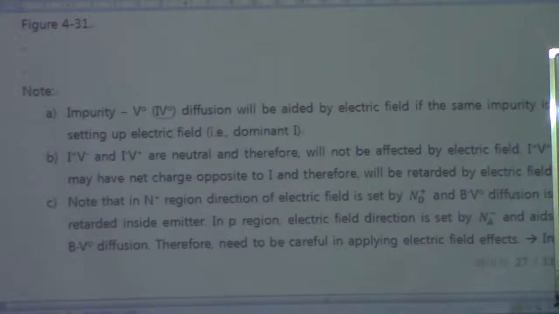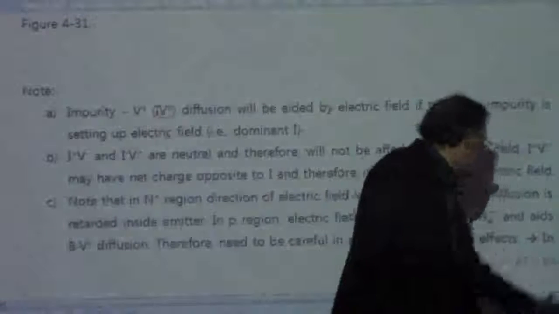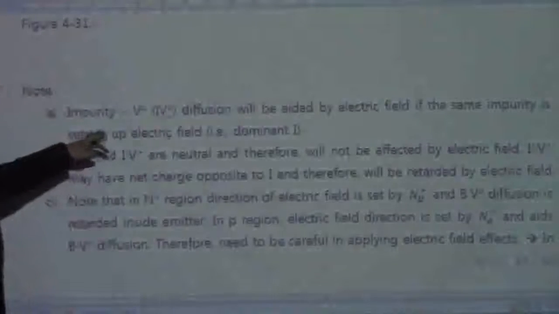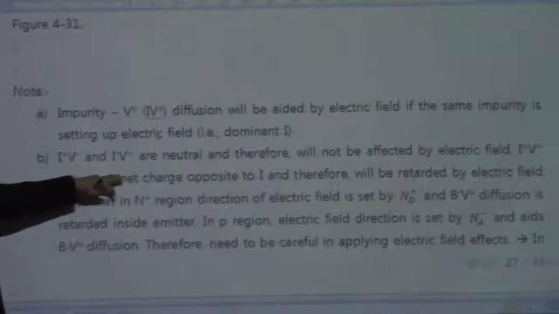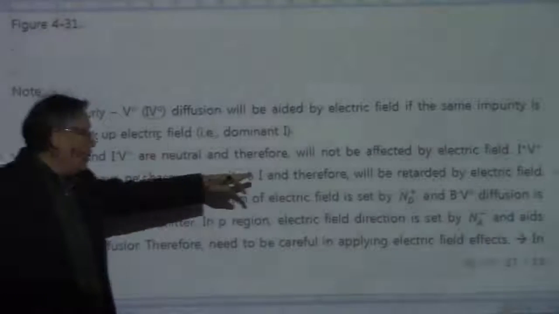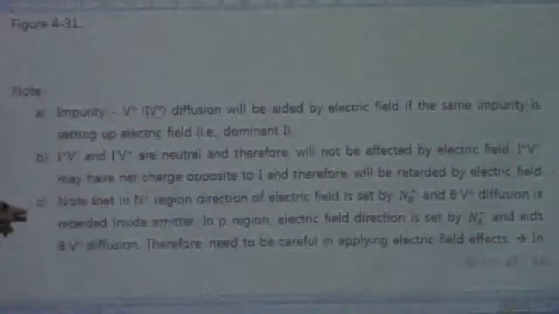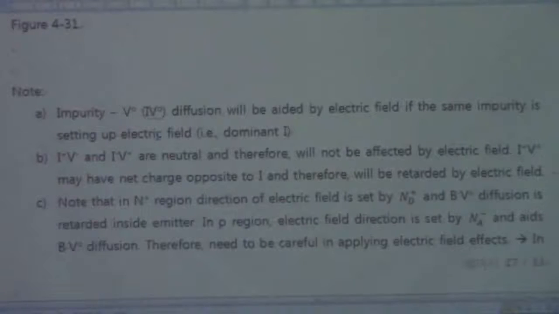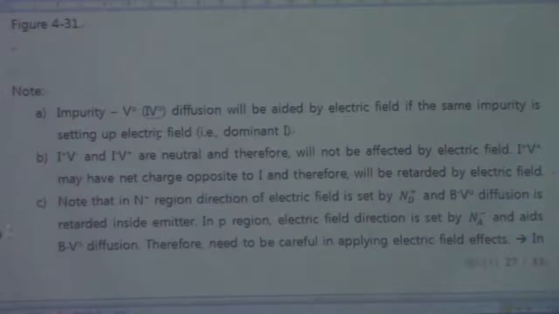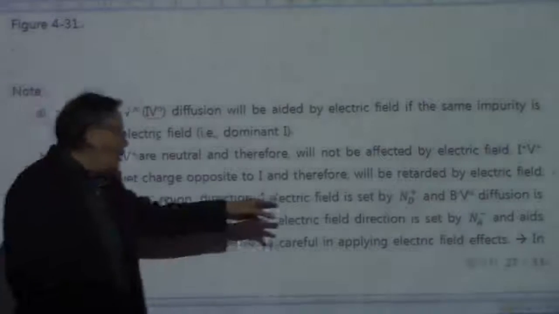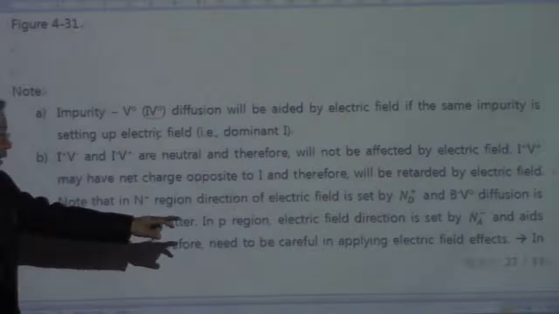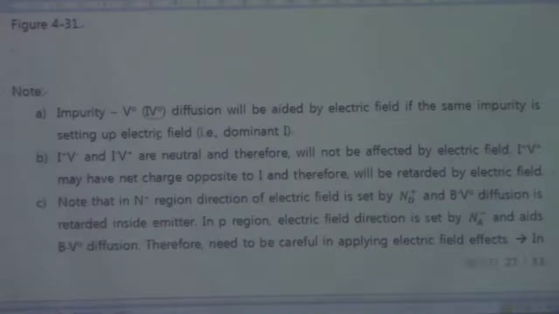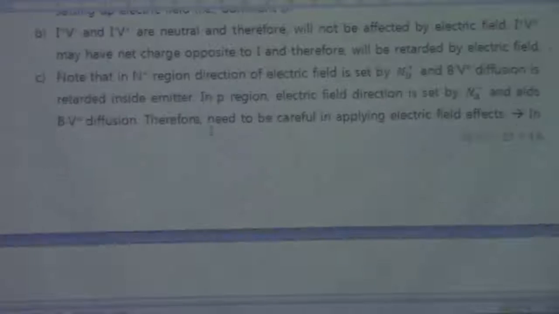Now let's read a little bit on this. Impurity diffusion will be aided by the electric field, of course. This is the neutral, so it should not be affected by the electric field. In the M plus region, the direction of the electric field is set by the dopant concentration gradient, and this is going to be retarded and that is going to be enhanced, because the electric field works differently.